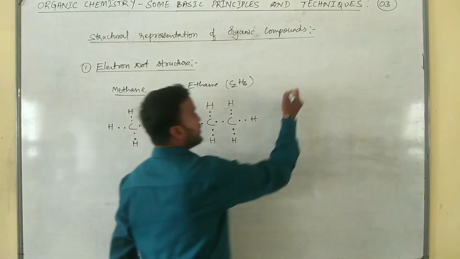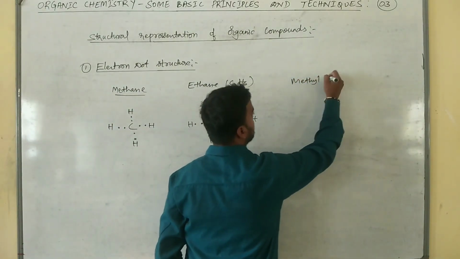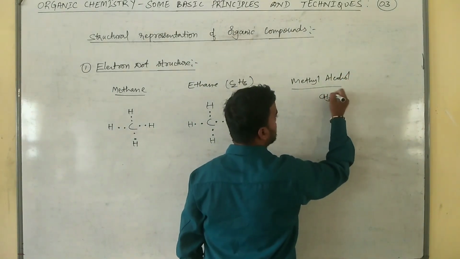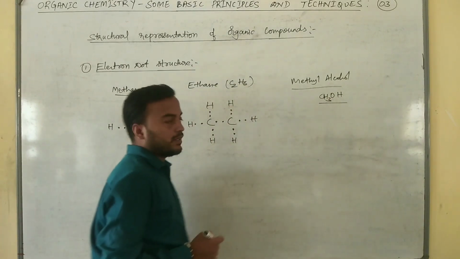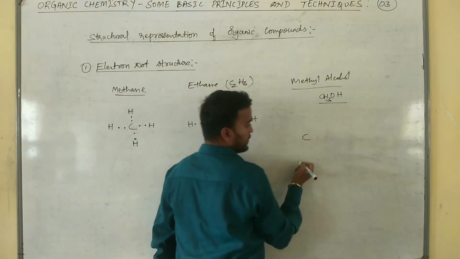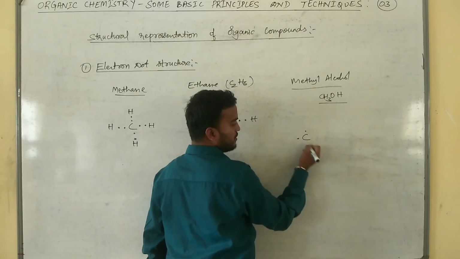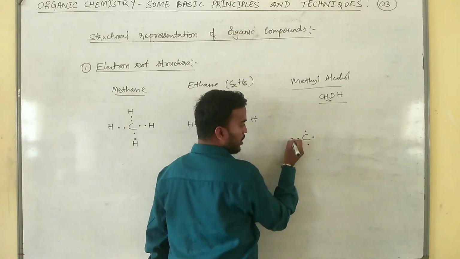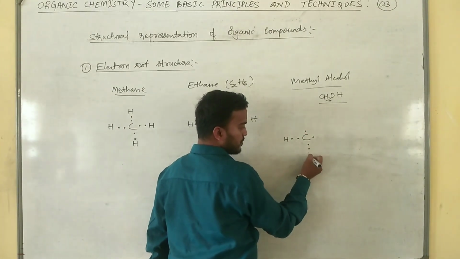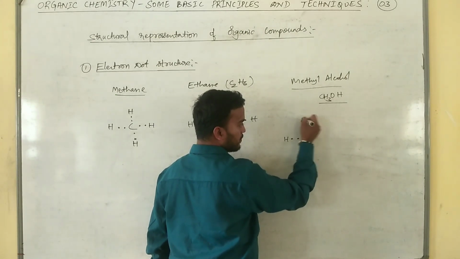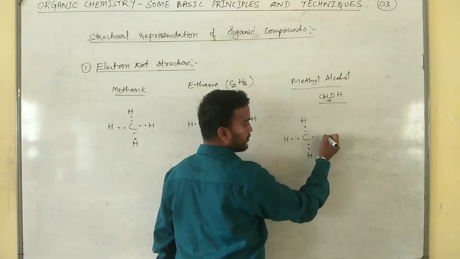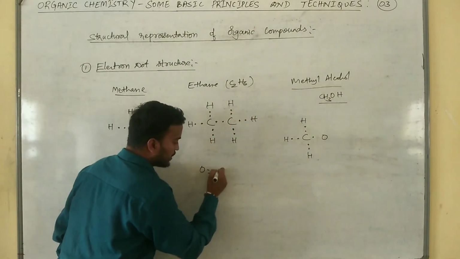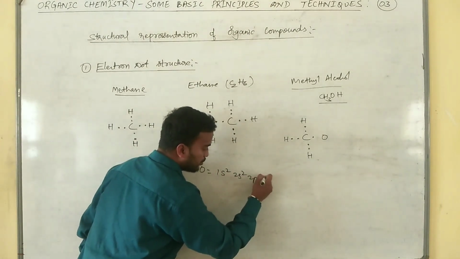I will take methyl alcohol as an example. This is CH3OH. I will write carbon. It has 4 electrons in the valence shell and is bonded to 3 hydrogen atoms, each along with 1 electron. Then oxygen has the electronic configuration 1s2 2s2 2p4.